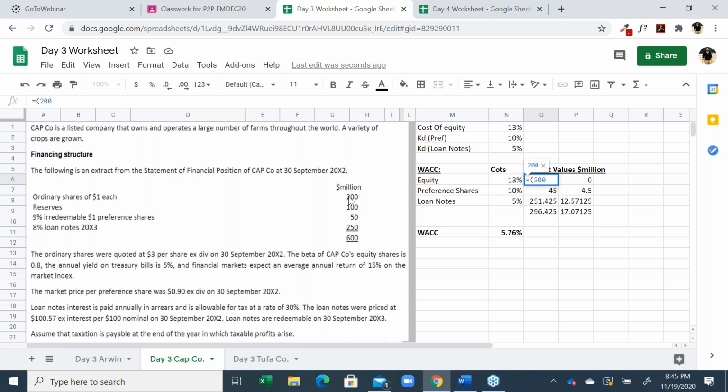So 200 divided by the par value of each share will give us the total number of shares. So 200 divided by 1 will give us the total number of shares. And then we have to multiply these number of shares with the share price prevailing in the market, and that is $3. So we need to multiply it by 3 to get the total market value of the equity, 600. I hope it's clear now.